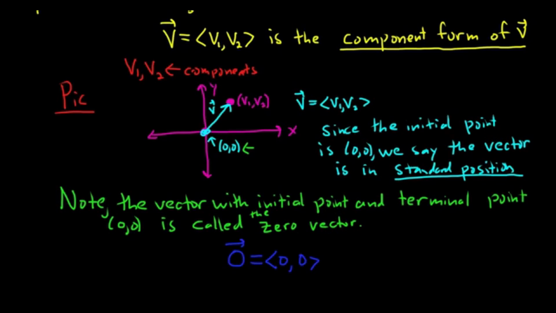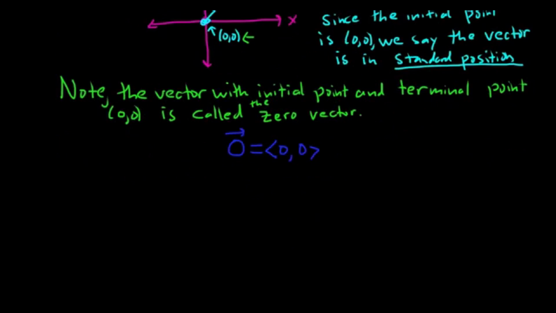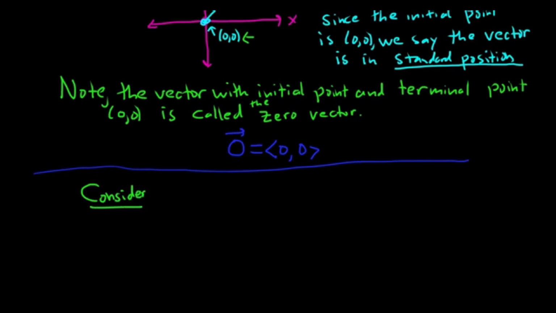Let's look at another picture that's going to prove to be useful, especially later on if you're trying to understand the derivations of some of the formulas in Calculus 3. So, a worthy picture. Consider the following picture. Say we have a vector here, starts here and ends here. So I'll connect the dots and draw the vector.